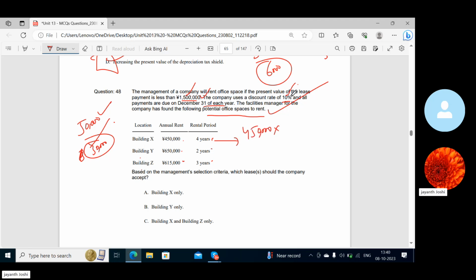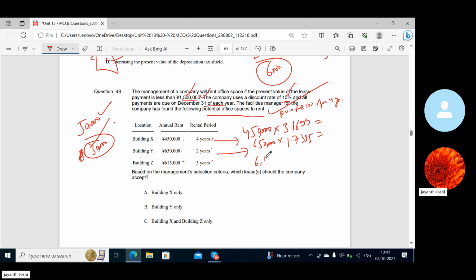The present value annuity factor at the rate of 10% for 4 years is 3.1699. And then 650,000 for 2 years, 1.7355.